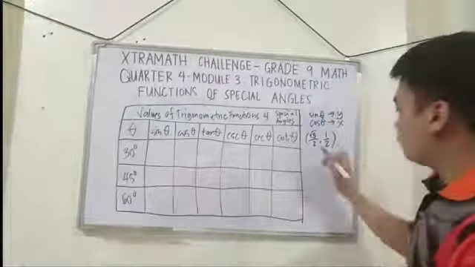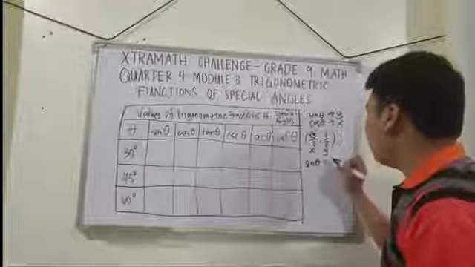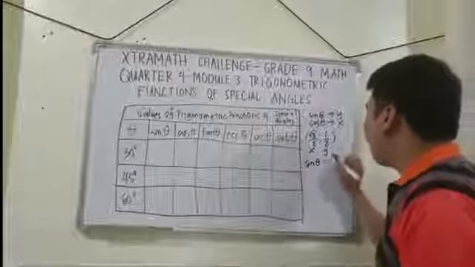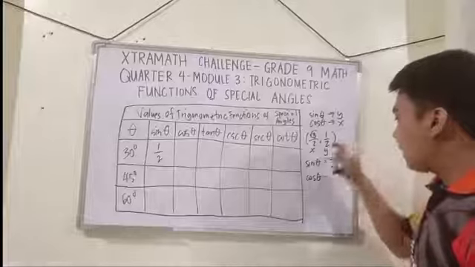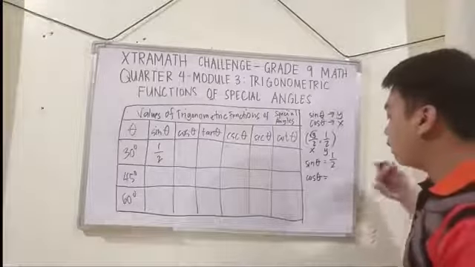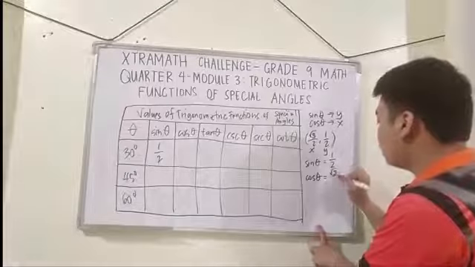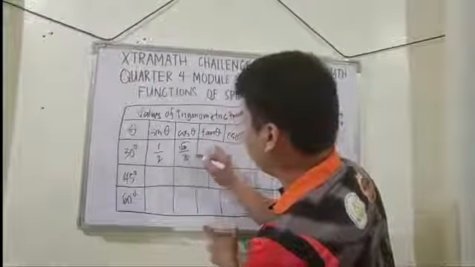So, since this is our x coordinate and this is the y coordinate, that means that sine theta is simply equal to 1/2. So, the answer for this portion is 1/2. And for cosine theta, since cosine corresponds to the x value, the x coordinate is square root of 3 over 2. That means that our cosine theta is equal to square root of 3 over 2.